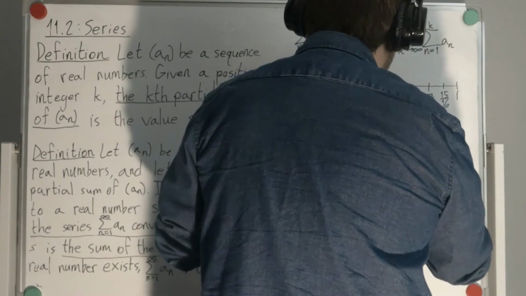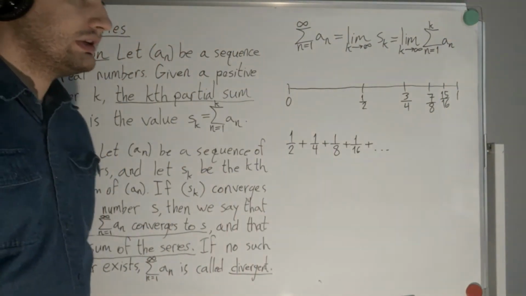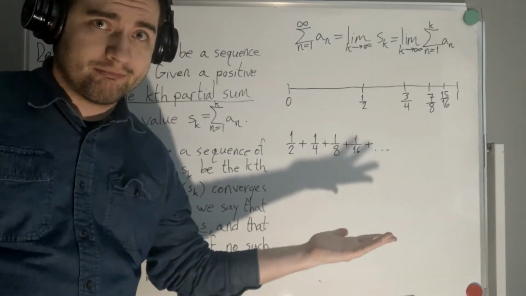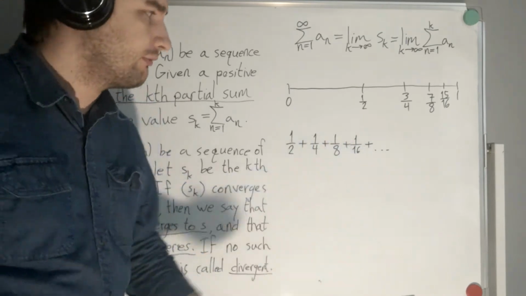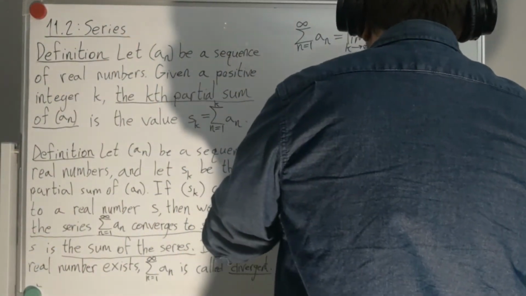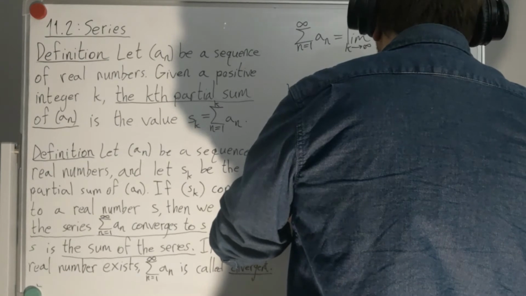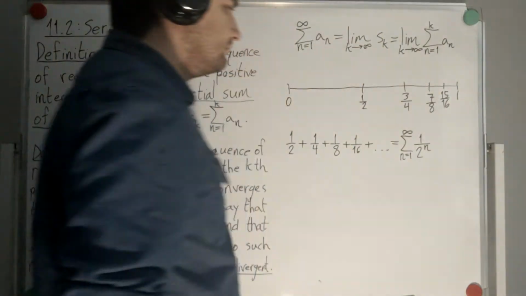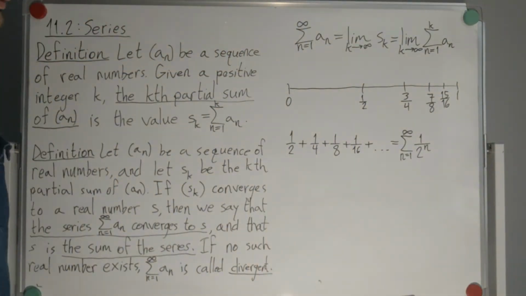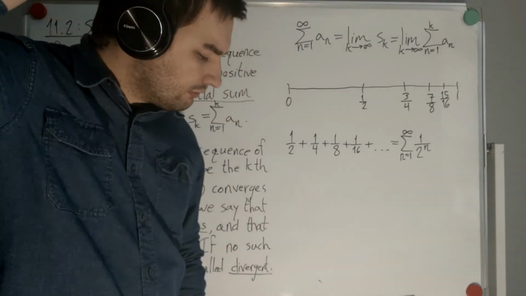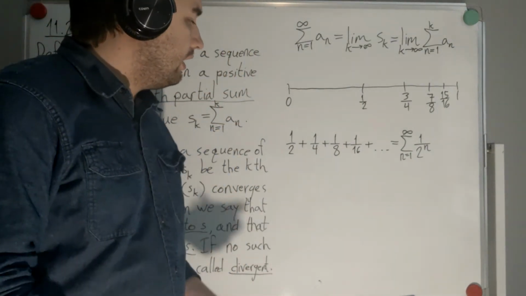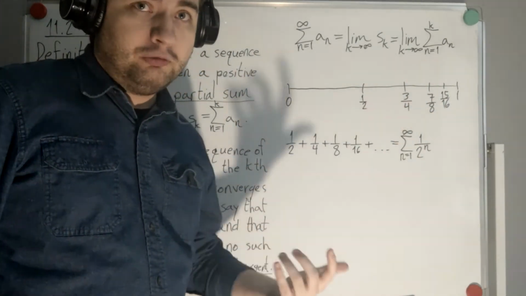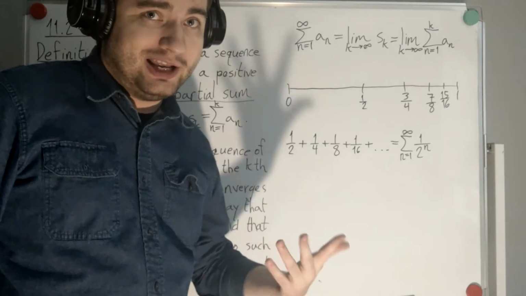So how much time is that going to take you? Well, it's going to take you the sum of 1 over all the powers of 2. So this is what we mean by the sum from n equals 1 to infinity of 1 over 2 to the n. So Zeno said to himself, all right, in order to get from here to here, you need to accomplish infinitely many tasks.